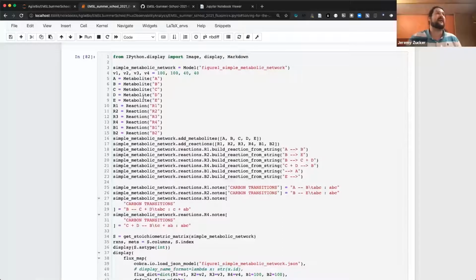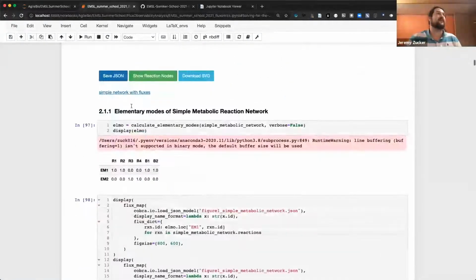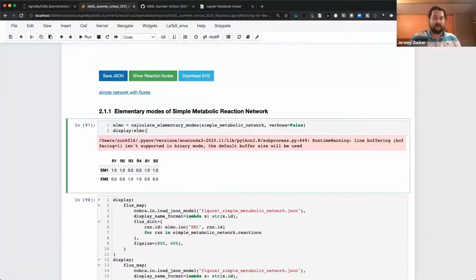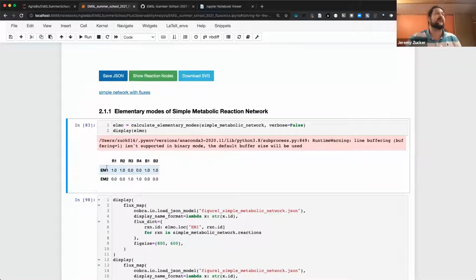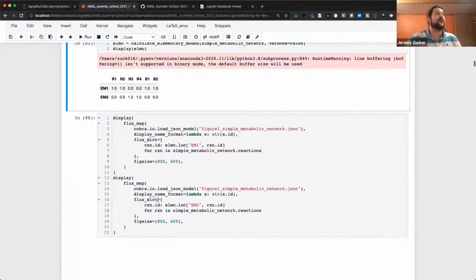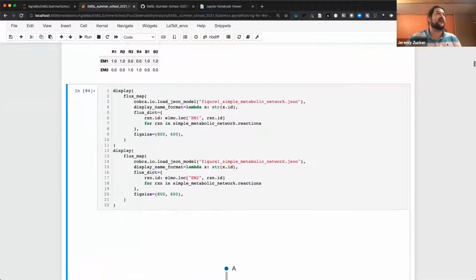PyEFM allows you to calculate these elementary modes directly. We're going to be using this a lot in this tutorial. So here are the elementary modes for this very simple model, and we can visualize those elementary modes separately.